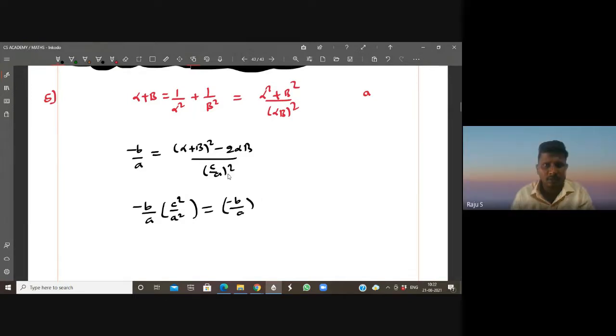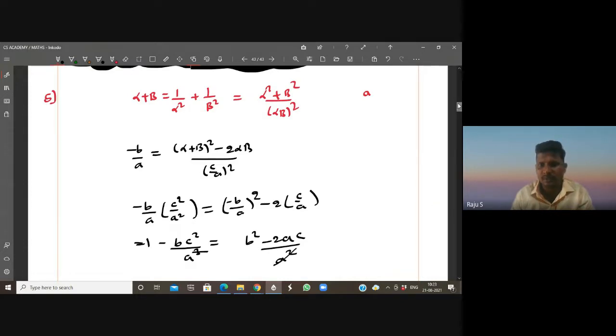Why will a by c get? It is already in the denominator, no? I'm taking the total value as cross multiply, right? 2 into c by a, am I right? Now this is about minus bc square by a cube, which is nothing but b square minus 2ac by a square. One a square gets cancelled.